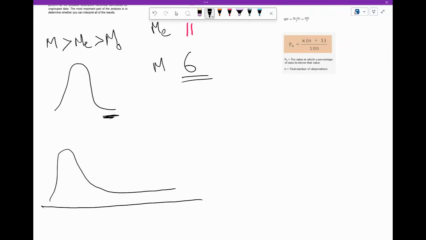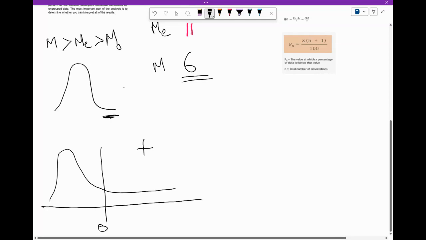All right. What's another name of skewed to the right? Positively skewed. Okay, so this is positively skewed. Because again, let's say if this is our 0, our tail is going to be on the positive side. And if you had it the other way around, I'll just do it in a different color, like this.